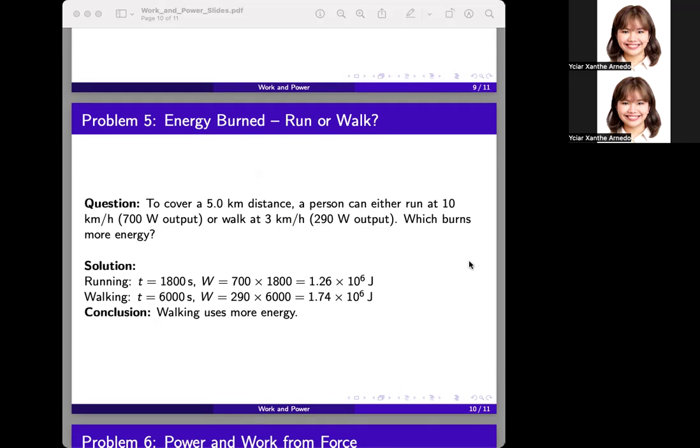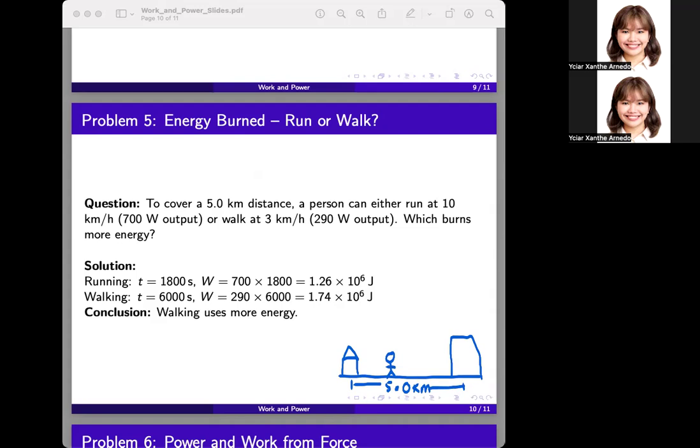So again, let's try drawing that diagram first here. Let's say this is your home. This is you. And this is the physics lab. The distance here is given by 5 kilometers.